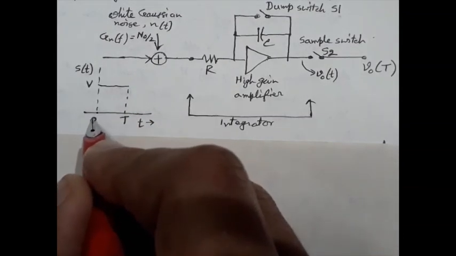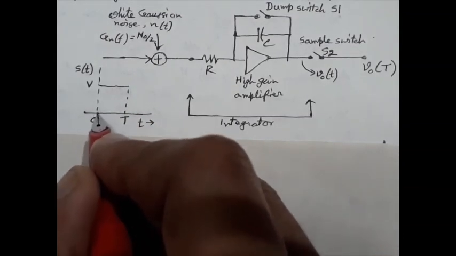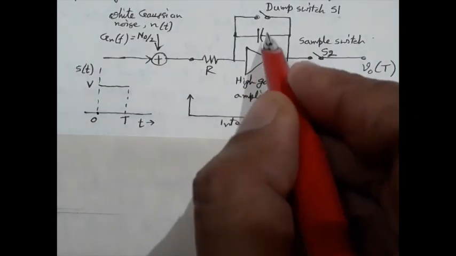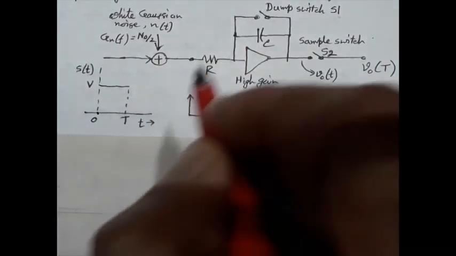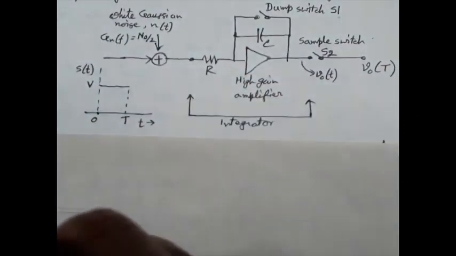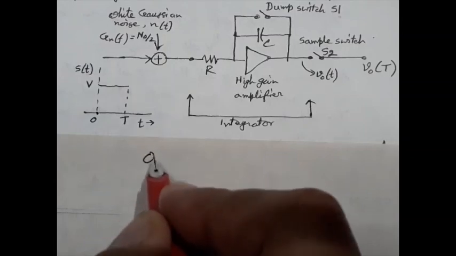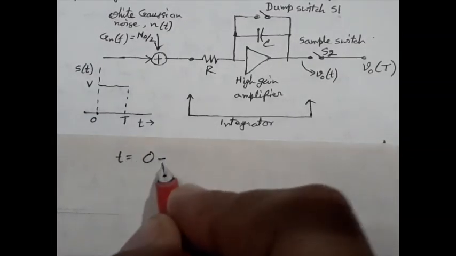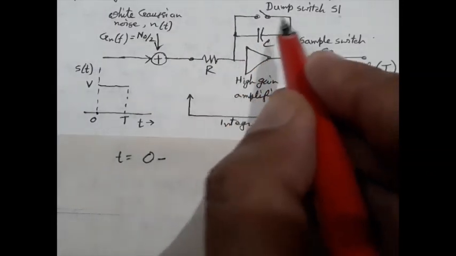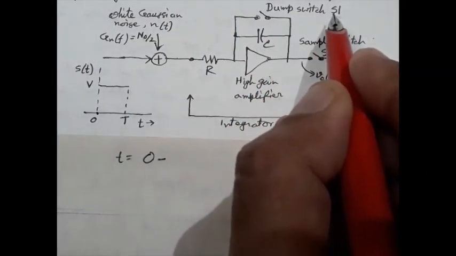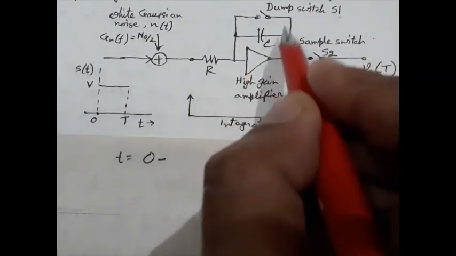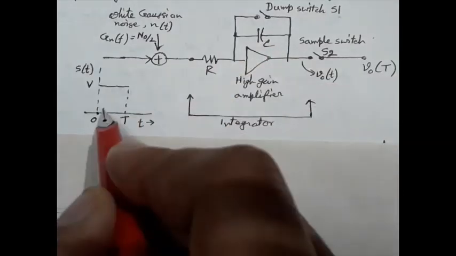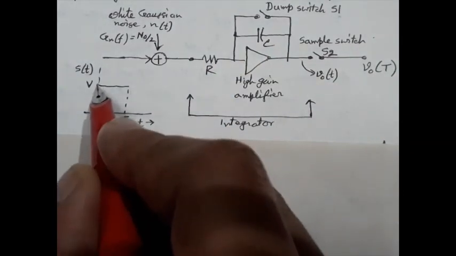That means at exactly time t equal to 0, this capacitor must be at 0 condition. So at time 0 minus, we will momentarily close this switch S1 so that charge is neutralized, and then we will present the actual signal here.